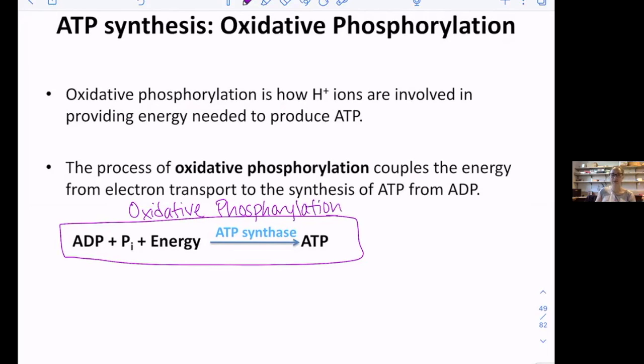You take ADP and Pi, a phosphate, plus energy from the proton gradient that you formed in those enzyme complexes, and using ATP synthase, an enzyme, you form ATP.